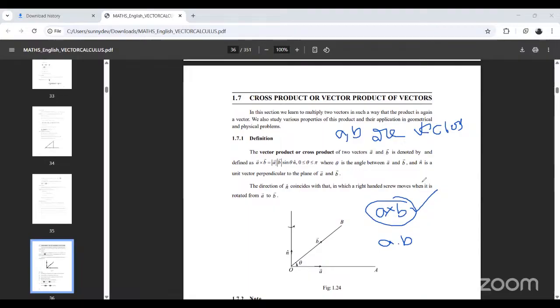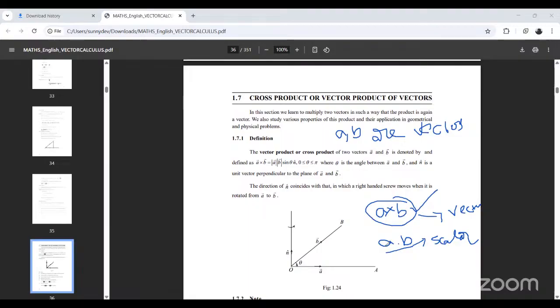Listen, if A comma B are vectors, then A cross B also becomes a vector, but A dot B becomes a scalar. So that is the difference: A cross B gives a vector, but A dot B gives a scalar.